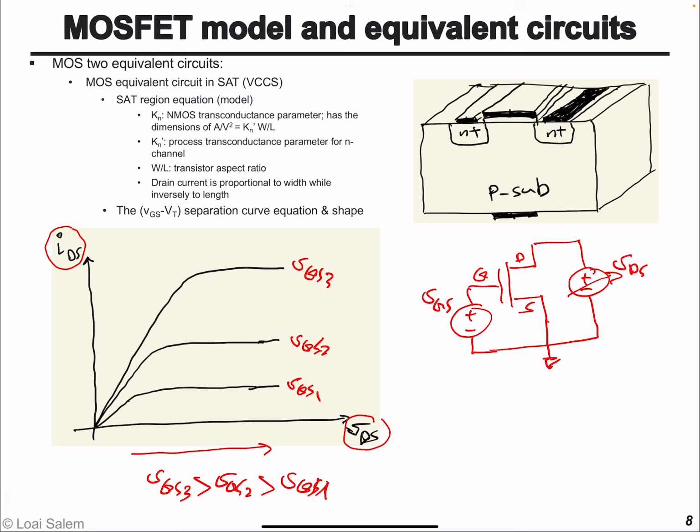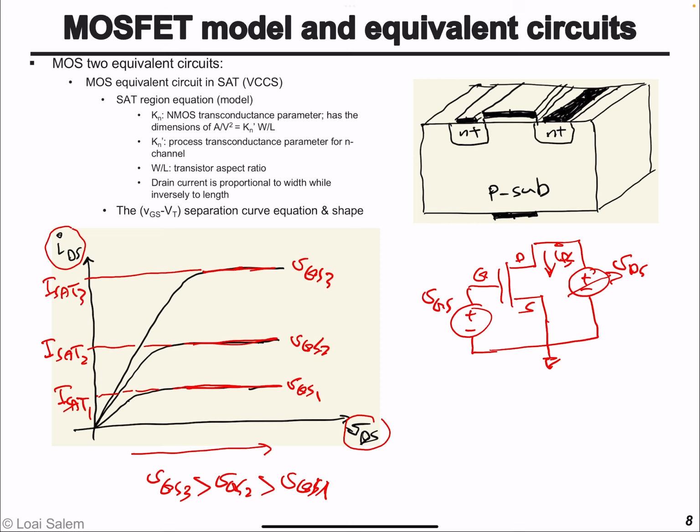So obviously the drain to source current is proportional to the gate to source voltage. The higher the gate to source voltage, the higher the saturation current. If we just focus on the saturation region, where the current is essentially constant, we see that the saturation current, or the current of the transistor in the saturation region, increases with the gate to source voltage.